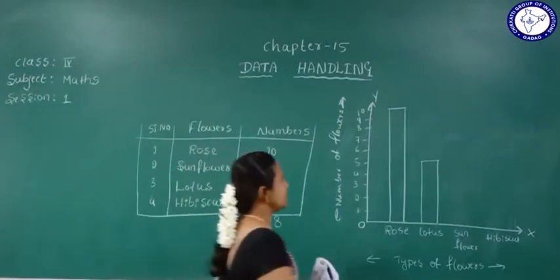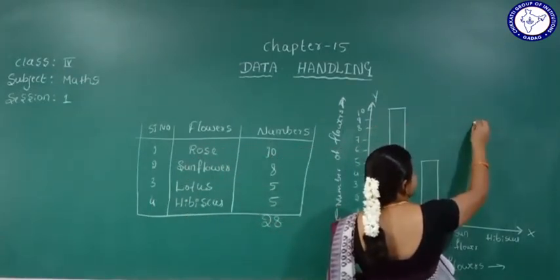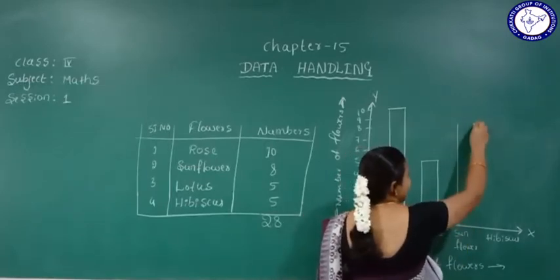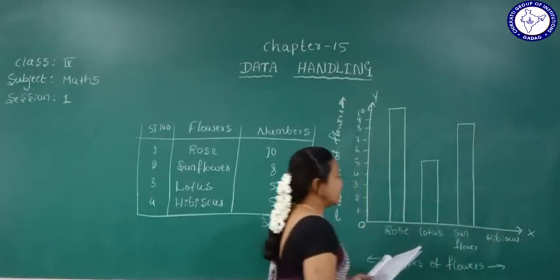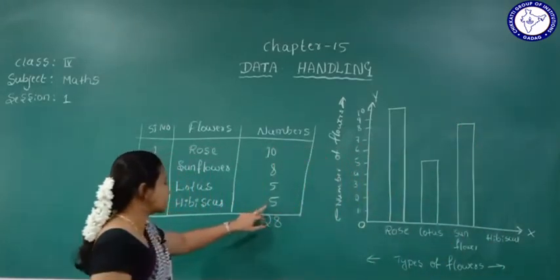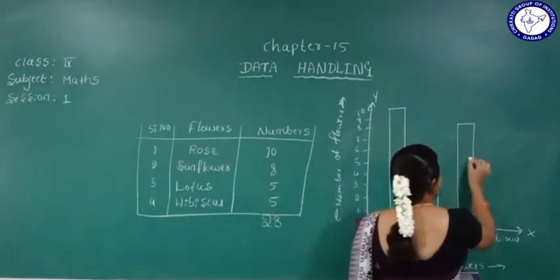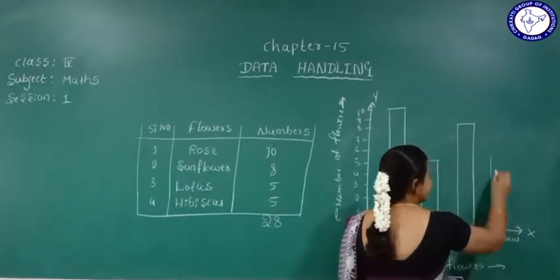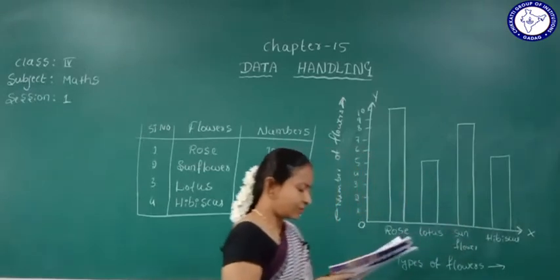We'll mark 8 here and join this line for sunflower. The next one is hibiscus. How many are there? 5. So hibiscus and lotus have the same height. So this is the graph. Observe this one.